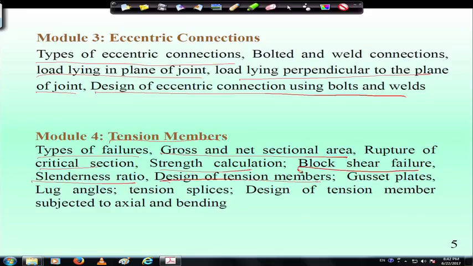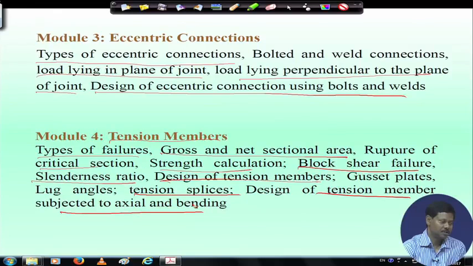Then gusset plates, lug angles, tension splices, and design of tension members subjected to axial load and bending will be discussed. So, in this module we will cover these aspects.